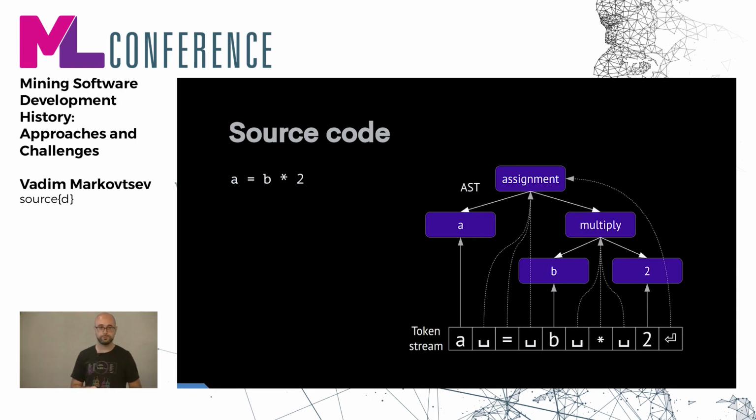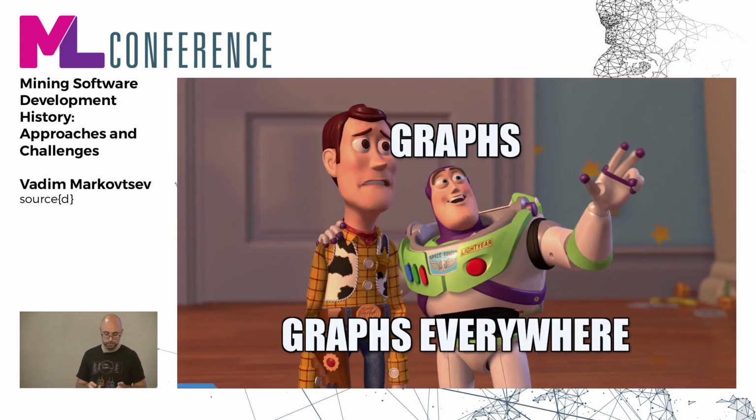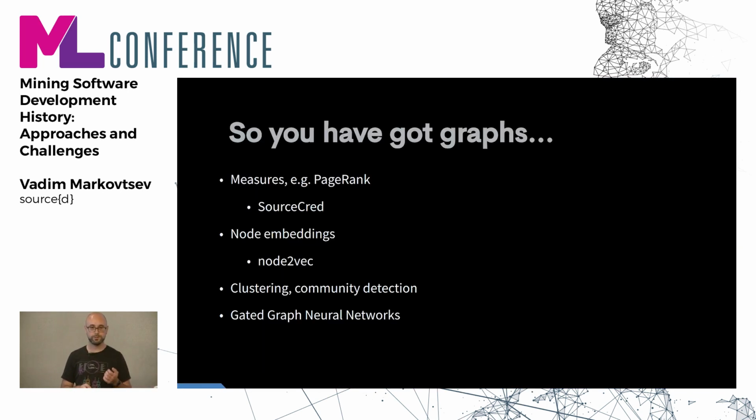So a tree is a case of a graph. Everything is a graph. You have graphs inside graphs, and don't be scared about that, because actually this is awesome. Graphs are very well studied, and there are many good approaches to deal with them, such as calculating a centrality measure or any other measure on your graphs.